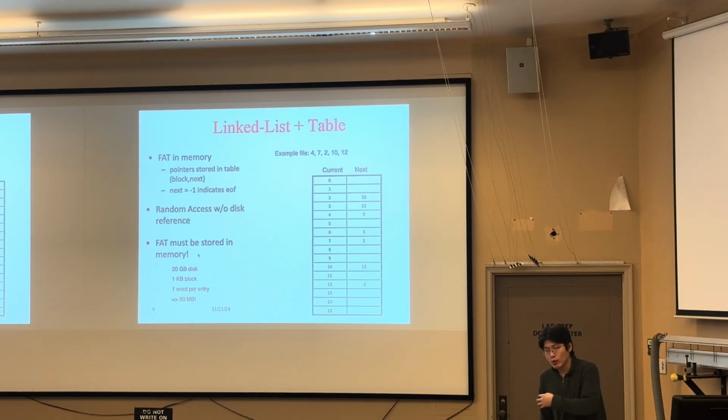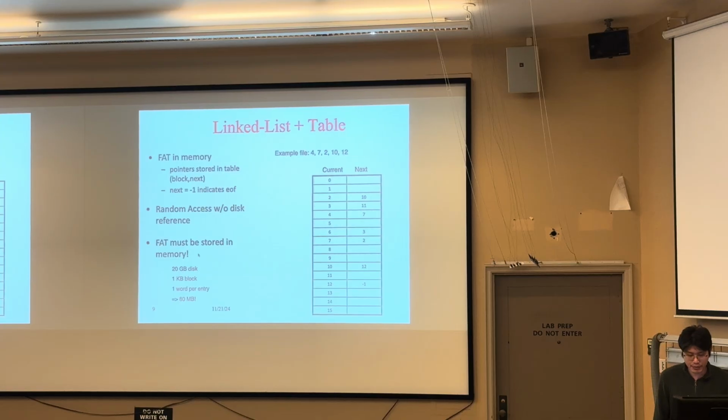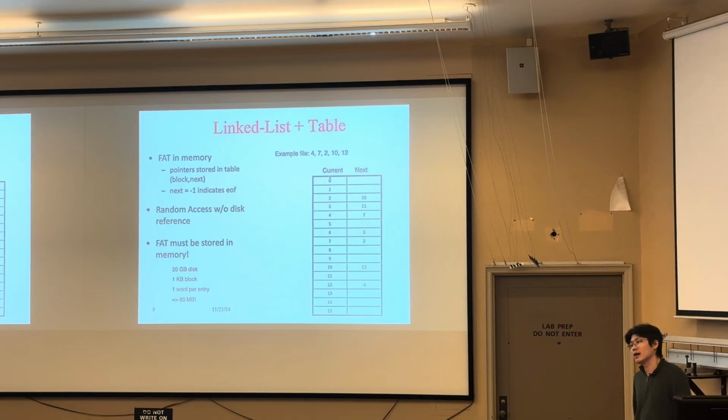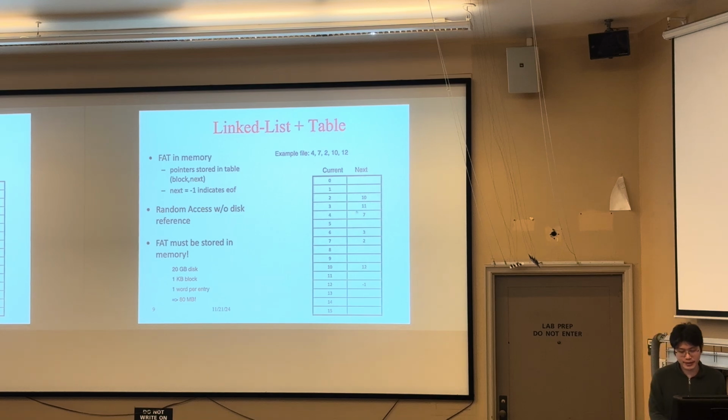Okay. So after that, people further improved it by using linked list plus a table. Right? So this is already very similar to the table that you are using in Xinu. If you remember, in Xinu you have such a list. You have the current process index, and then the next process on the list.